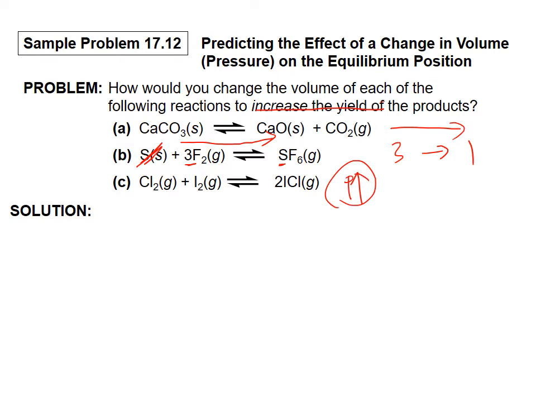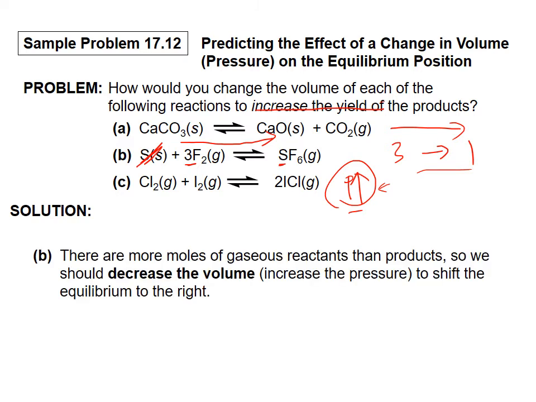So you increase pressure, and therefore the reaction goes forward to decrease the number of moles, which decreases pressure and counteracts the increased pressure. So how do you increase pressure? Reduce the volume. Therefore in B we want to decrease the volume, which has the effect of increased pressure, which will shift the equilibrium to the right side.